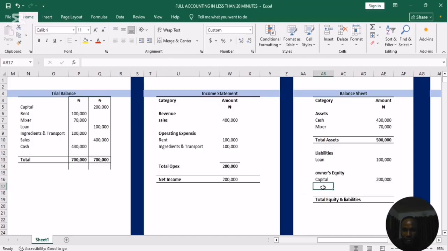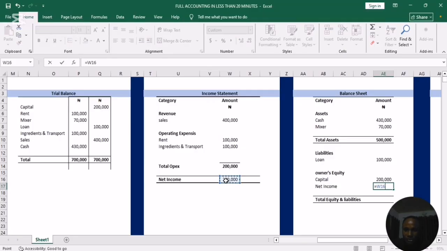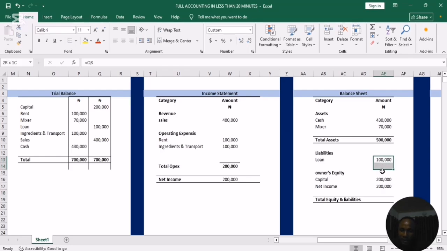So we drop it right here, equal to. Then the net income, plug it here. Then the amount. How much is our net income? So we plug in our equal sign. Then bring up the 200K right here. We hit enter. So I think we're almost done with our balance sheet.